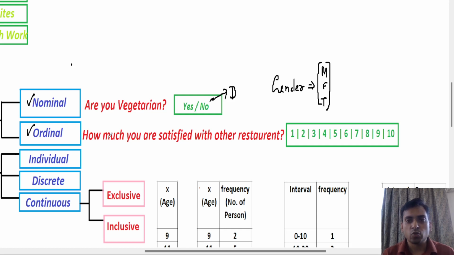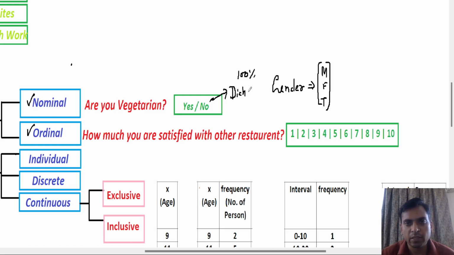So you may give 1, 2, 3, or any other number. In the first question, you are 100% sure about your answer, whether you are vegetarian or not, and your answer may be in two forms, so this is a dichotomous answer.